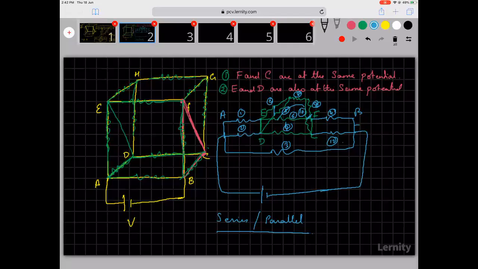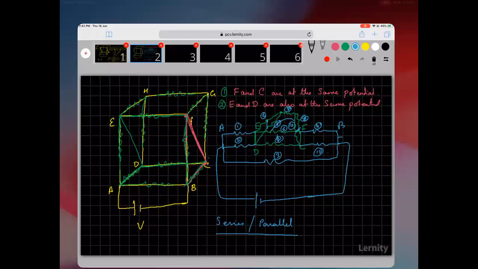Please work on it. Now they are all in series parallel, and then you should be able to get an answer.